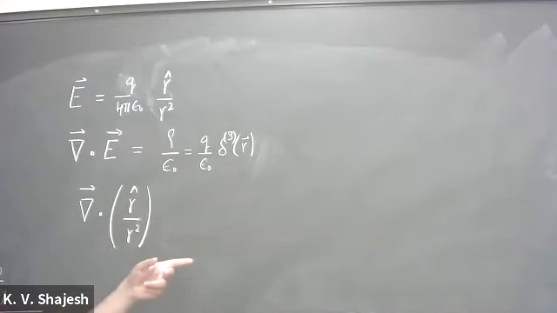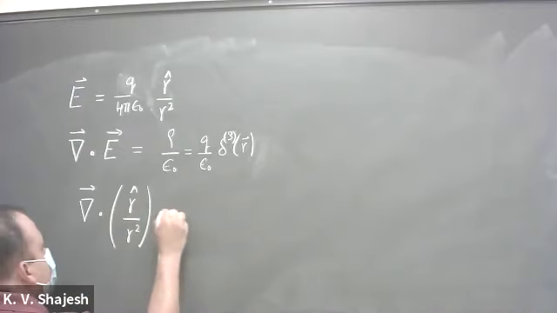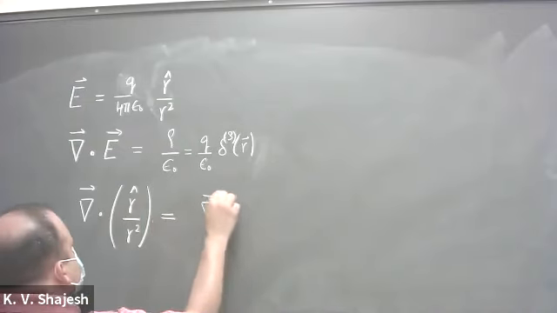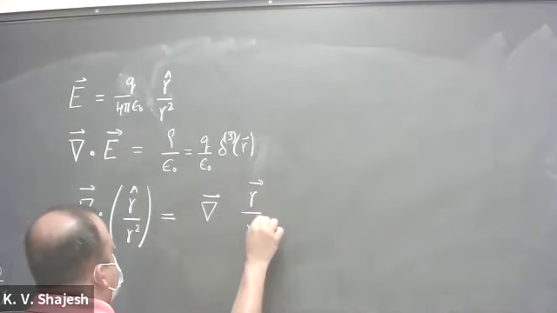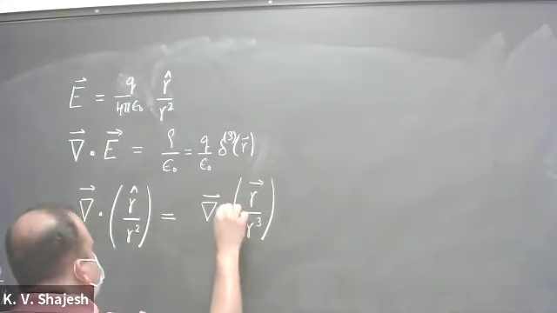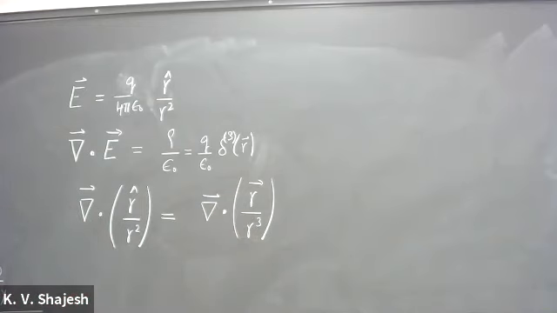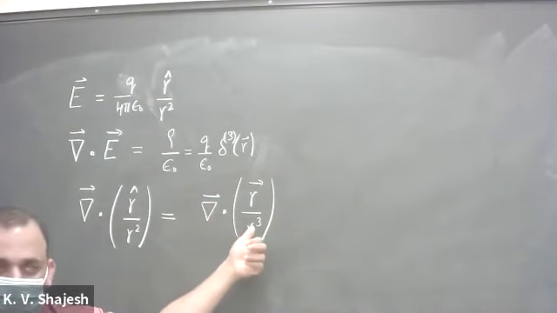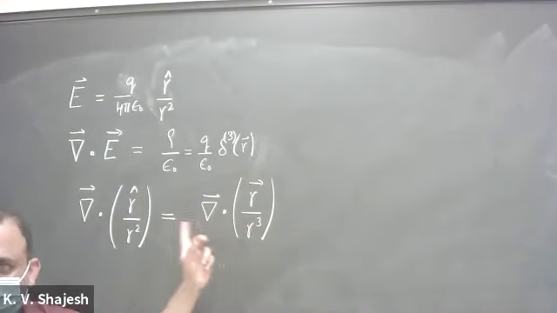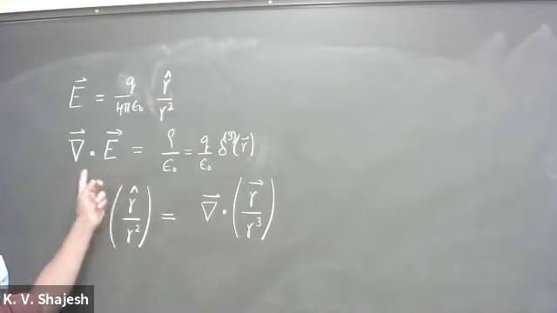But I can convert R hat into R. So I say this is the same as gradient of vector R over R cube. And that is a gradient operator acting on this. Is this a scalar or is this a vector? This is a scalar, correct? The divergence of electric field, that's a scalar.